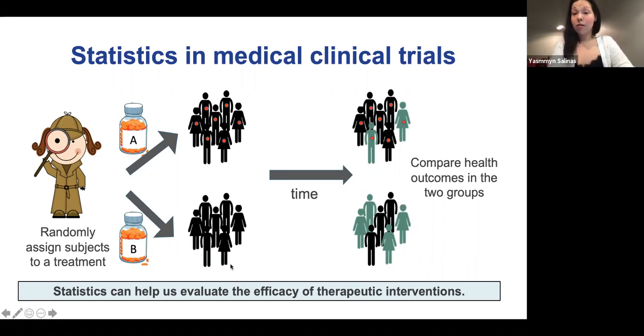The investigator, this person right here, would randomly assign subjects to two different groups. This group I'm giving the drug labeled A. These people I'm giving the drug labeled B. So it's two different drugs.